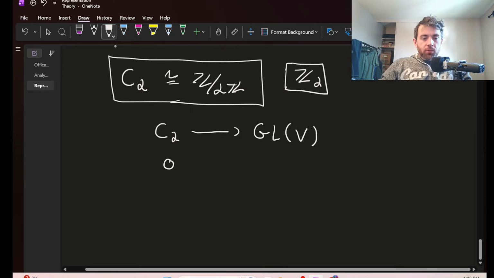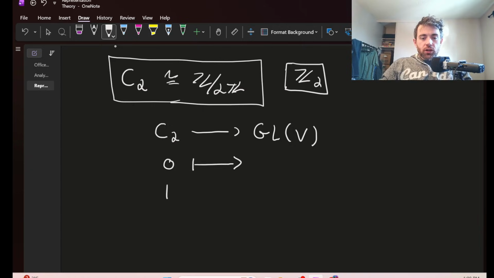Well, representing this as 0 and 1 mod 2, because we're trying to cook up a group homomorphism here, we know that the identity element of the integers mod 2 must be sent to the identity linear transformation, just id, right? So we're always fixed in that choice. But now we have a second choice here. We need to figure out where we're going to send the element 1.